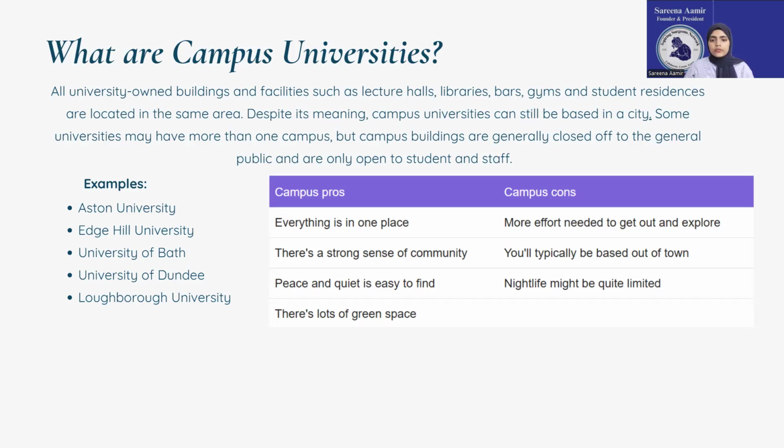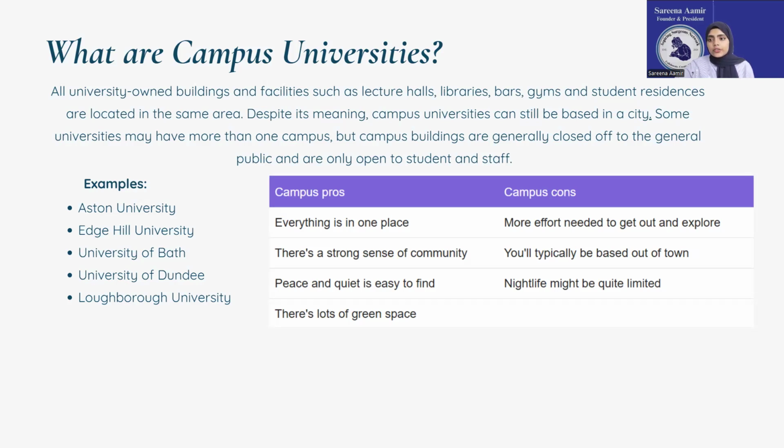Peace and quiet is also very easy to find because it's a study environment everywhere, and there's also a lot of green space. I was looking at some student feedback while making this presentation from students that have been to university, and they said that they really enjoyed having lunch in green spaces that the campus universities offer.